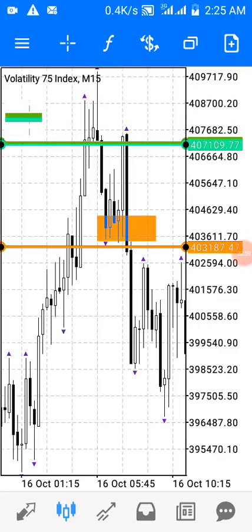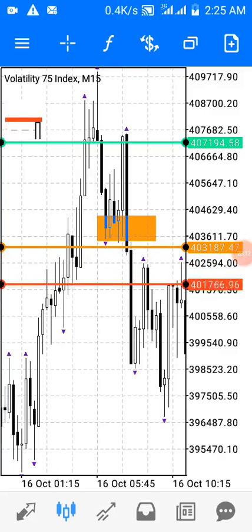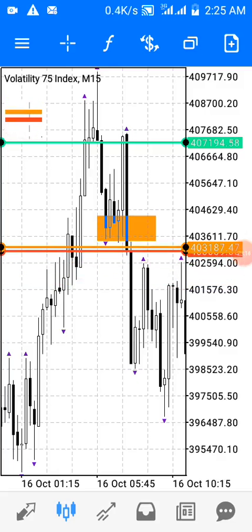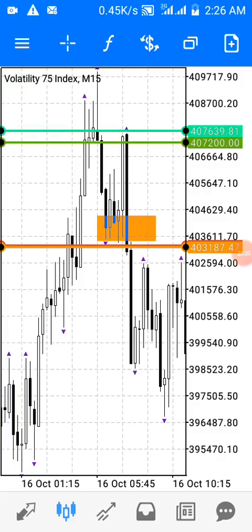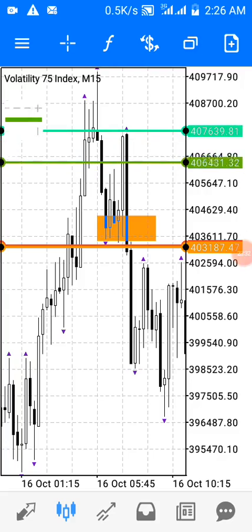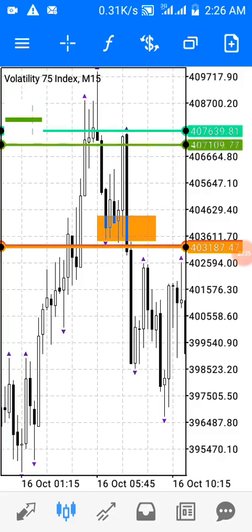Once you add 0.024 plus 0.003, you have 0.027, and that balances the 0.009 you have here. Don't forget this 0.001 and the orange is 0.008. So the first trade, which is my sell trade, is 0.001. The second trade, which is my first hedge trade, this green one, is 0.003.